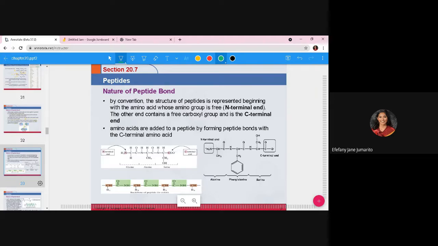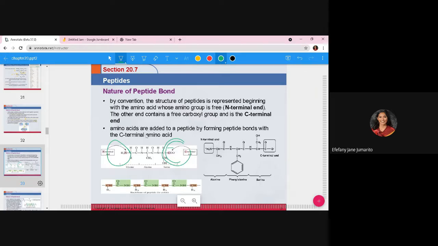Okay, by convention, the structure of peptides is represented beginning with the amino acid whose amino group is at the N-terminal end. So this is your N-terminal, and then we have your C-terminal. N is for nitrogen, and the C-terminal is for COO minus.